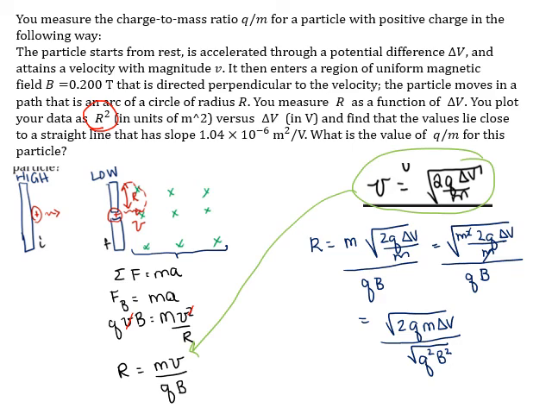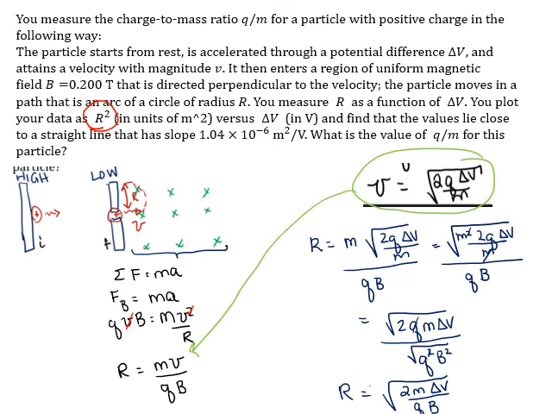So that means this q can cancel with one of these q's, and I'm left with r equal to the square root of 2 times m times delta V over q times B. So there's an expression relating my potential and the radius of my circle.